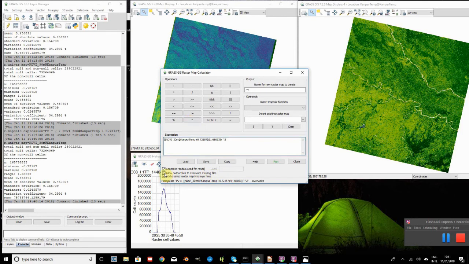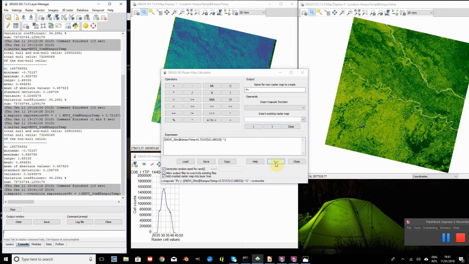I'm going to click the override file option because I actually calculated this before in preparation. PV, run. It is going to take a few moments.